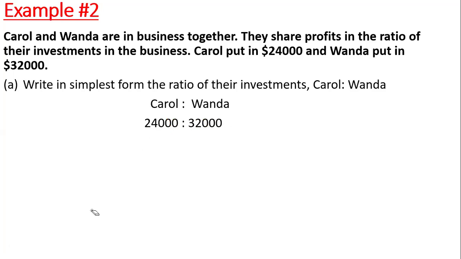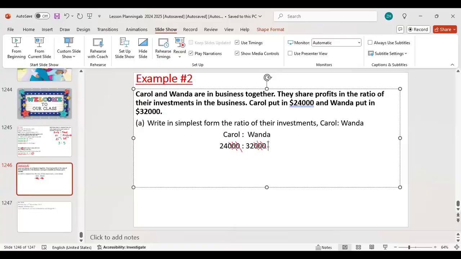We cancel out this 0 with that 0, this 0 with that 0, and this 0 with that 0. So we are left with what? 24 and 32.